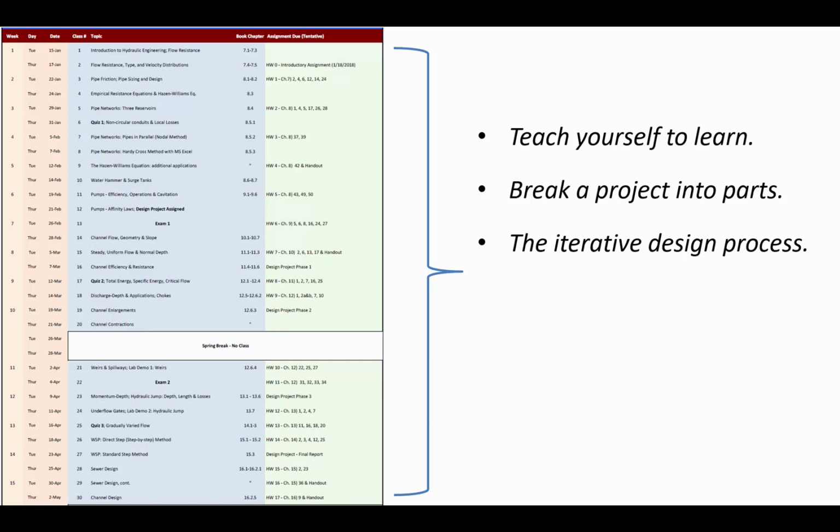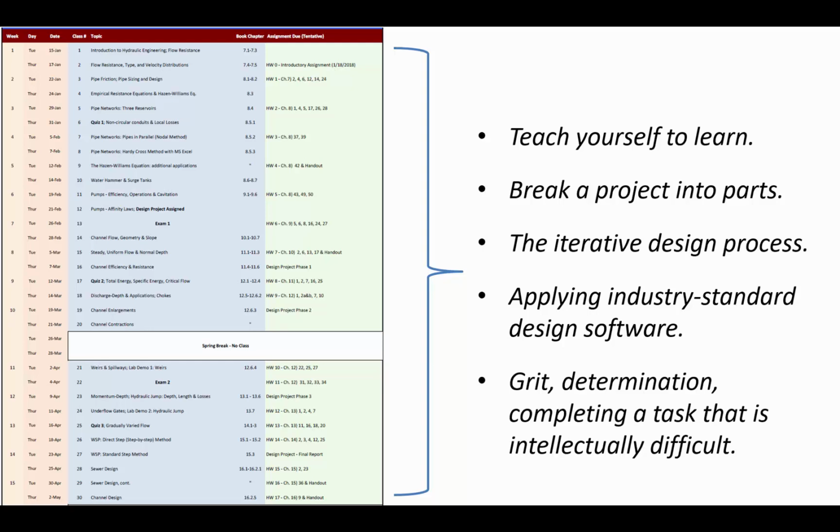I also want you to learn the iterative design process, and maybe some of you have taken classes already where you did a little bit of design, but for many of you this may be the first project where you're really moving on from learning engineering fundamentals to learning the application of engineering fundamentals and applying the design process, and learning how to use some of the design software like EPANET, for example, and then just the characteristics that an engineer needs to get through a career of grit, determination, staying focused and resilient when something is intellectually difficult.